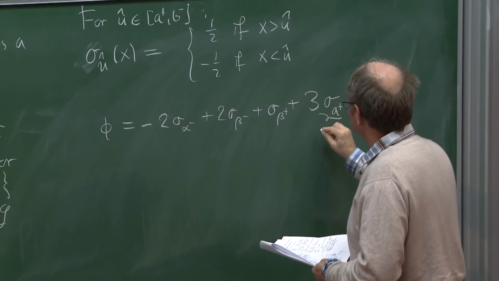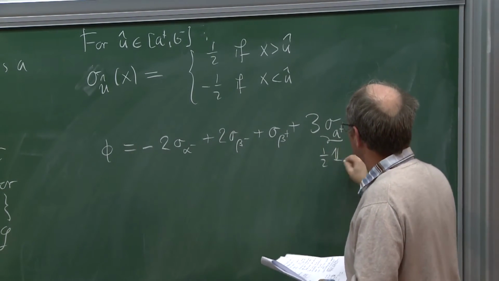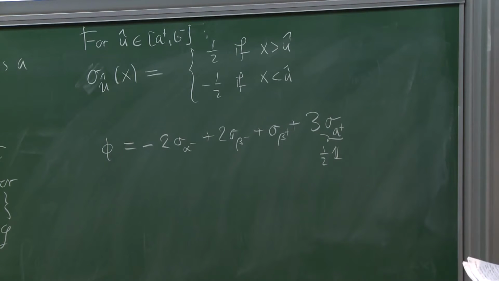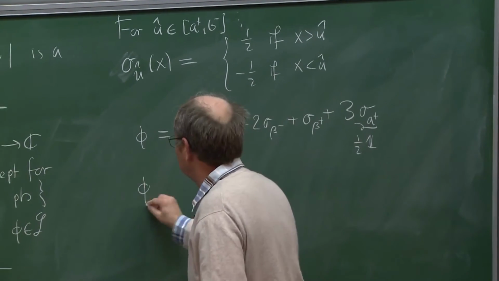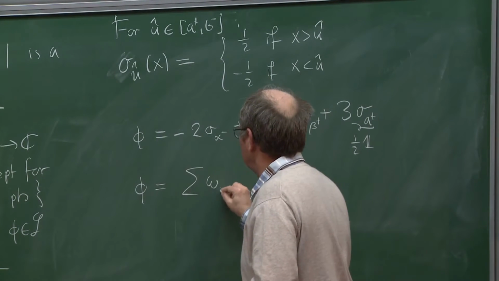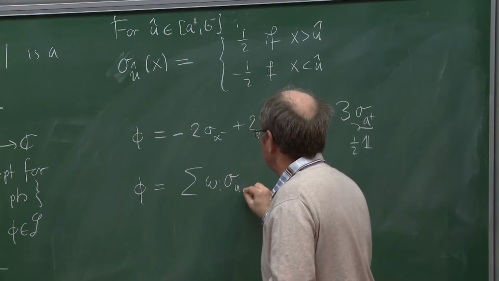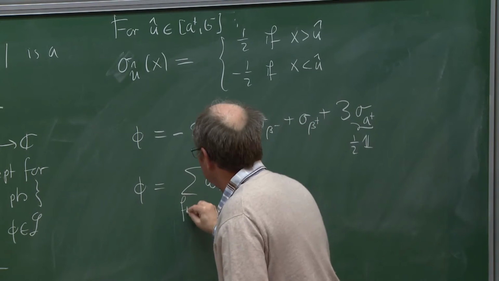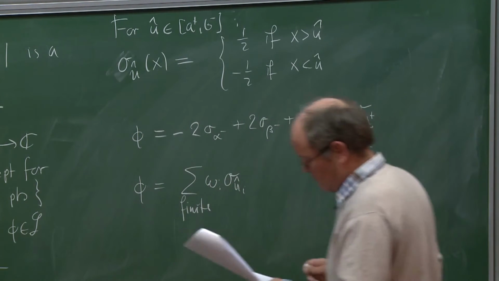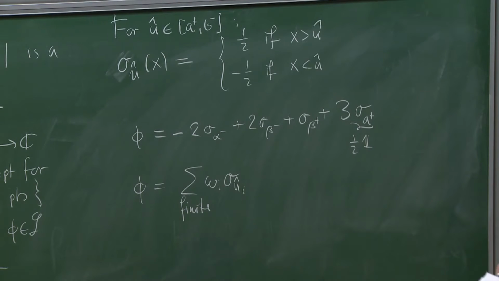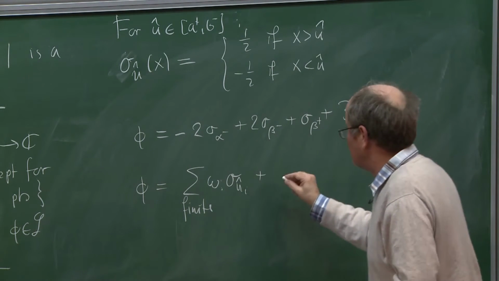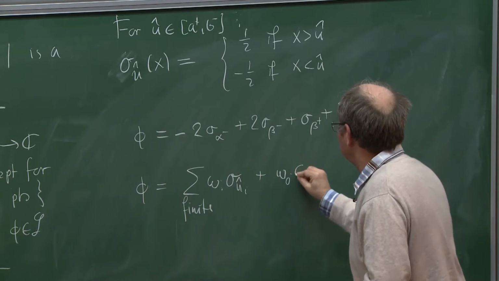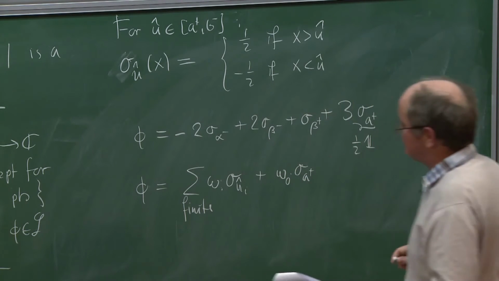So this function is actually just the constant function 1/2 times 1. Now, any phi in my space may in fact be written as the sum of omega i sigma u i hat for some finite combination of these, and I should still add omega 0 times sigma a plus.